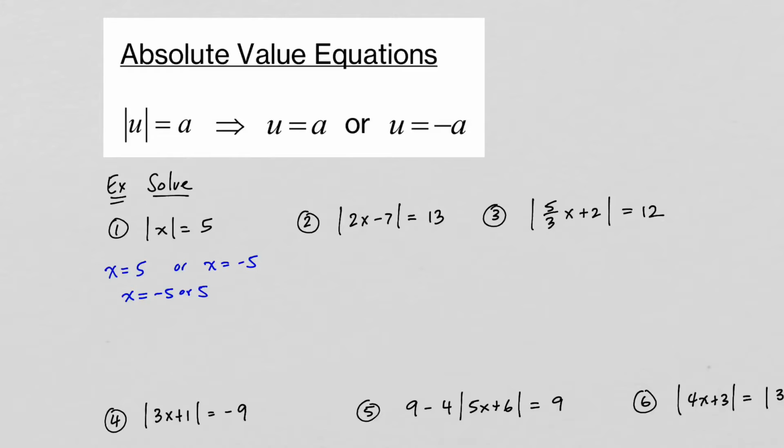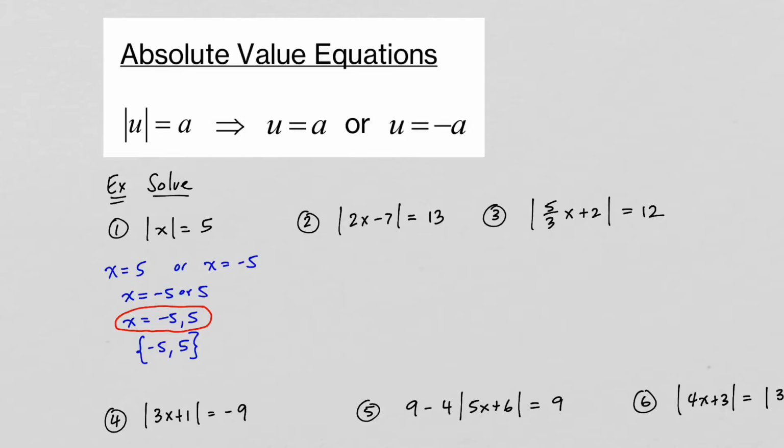That is acceptable. We could say x equals -5, 5. And finally, sometimes you will see them written as a solution set. So it doesn't really matter which way you write them. And so for the remainder of these problems, we're going to write the answer like this.